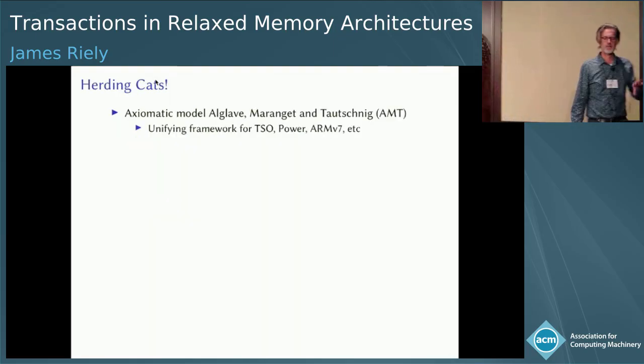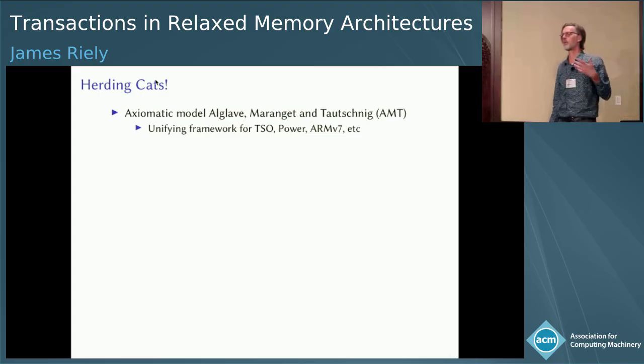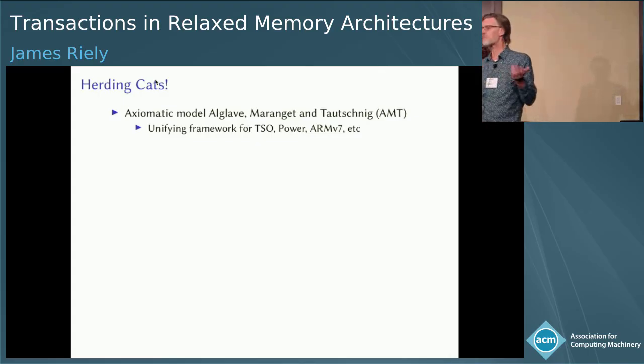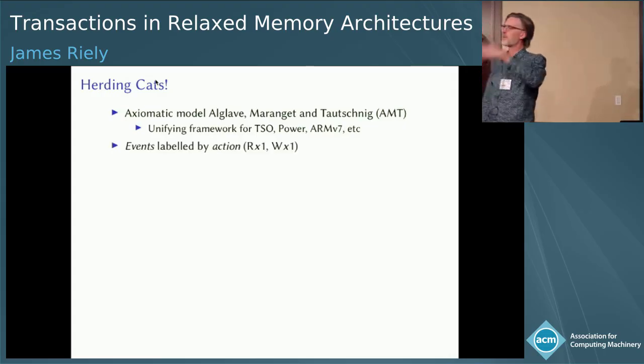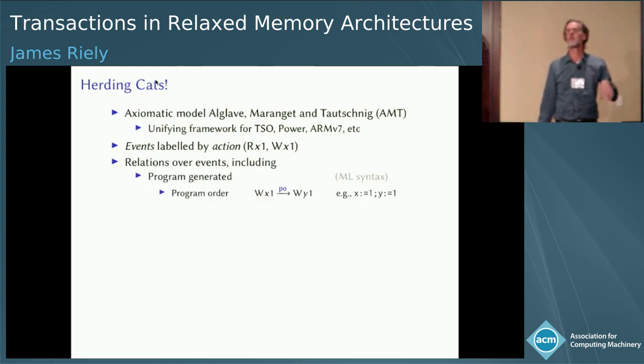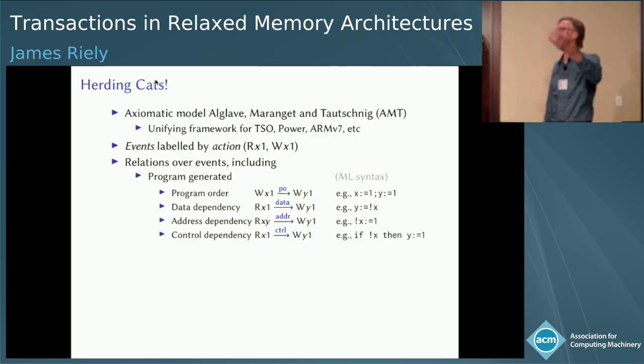So, all right, the basis for our work is the framework of Alglave, Maranget, and Tautschnig, which we'll call AMT. And the basic idea there is we have some events. Those are labeled with actions like reads and writes. And we have some orders over those actions. Many of these are program generated, such as program order and various dependencies.